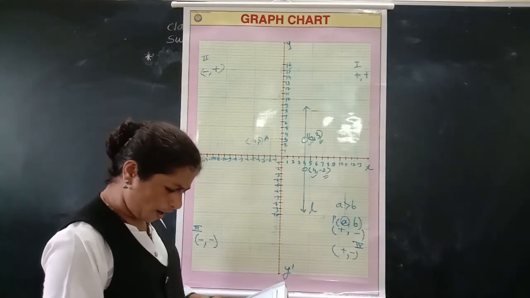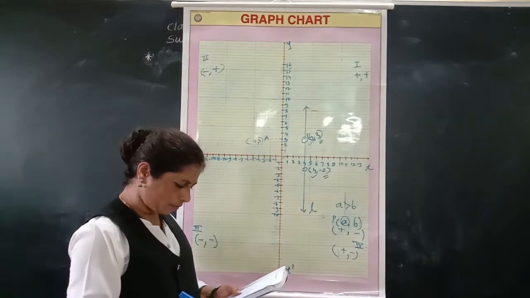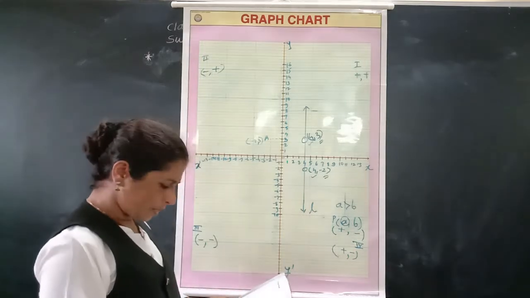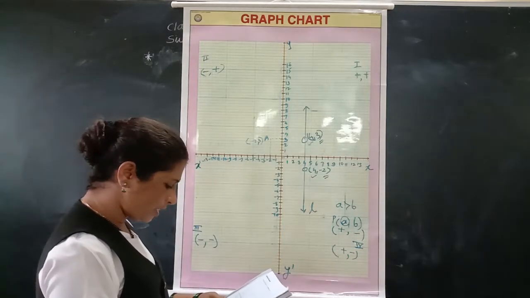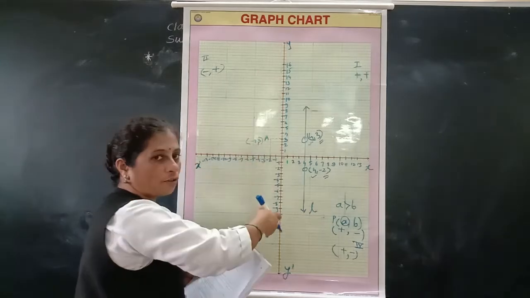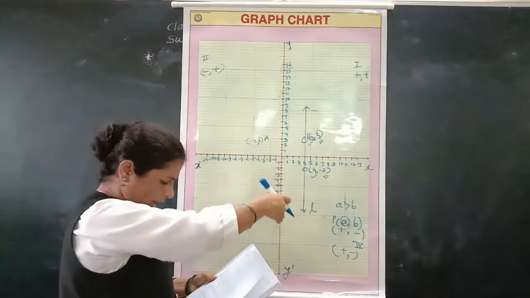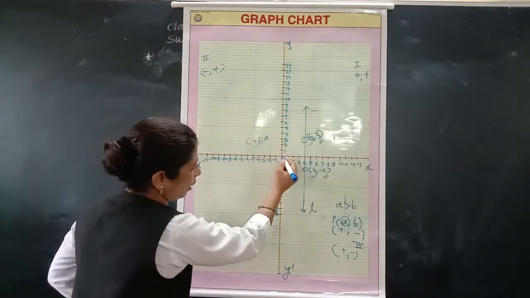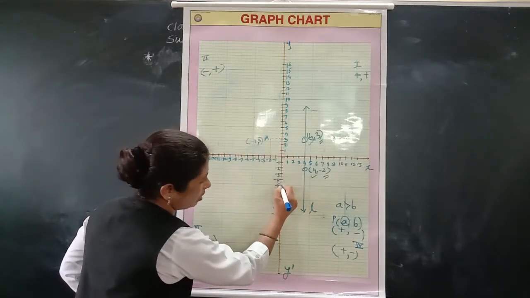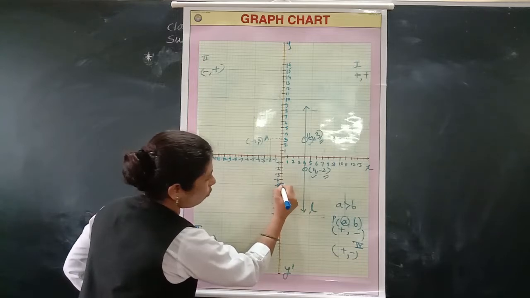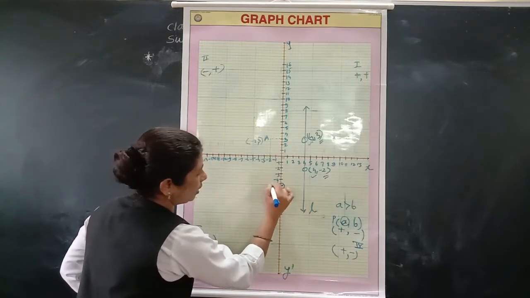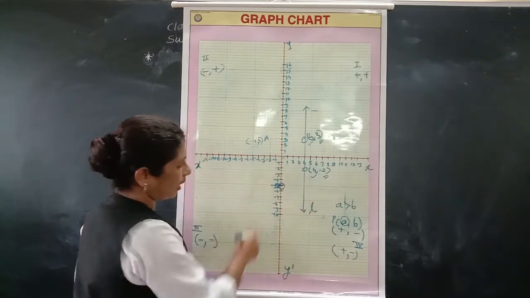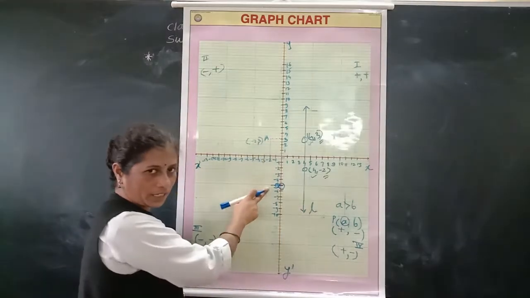Now next question, find the point which lies on the y-axis at a distance of 5 units in the negative direction of the y-axis. So we have to find the points which lie on the y-axis at a distance of 5 units in the negative direction. 5 units in the negative direction means here, right? So the point will come here. The distance in the negative direction means -5 here, right?